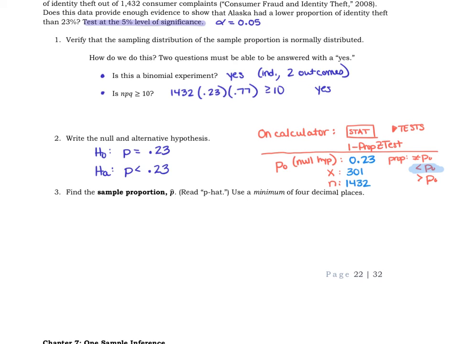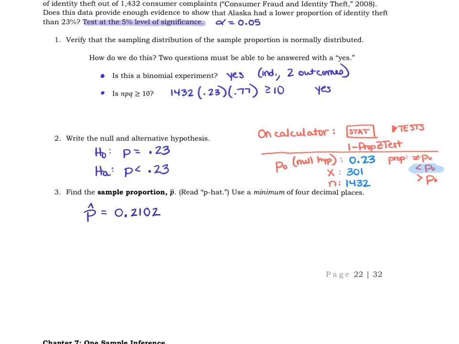And so then we're going to pull some numbers off of our calculator screen. The first one we're going to pull, and we're now doing number 3, says find the sample proportion p-hat, the p with the little caret above it. Use a minimum of 4 decimal places. So p-hat, looking at your calculator, and I'm going to go ahead and use 4 decimal places, should be 0.2102 by the time we round.